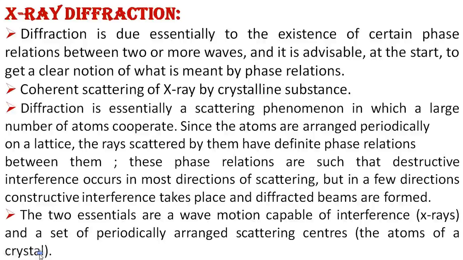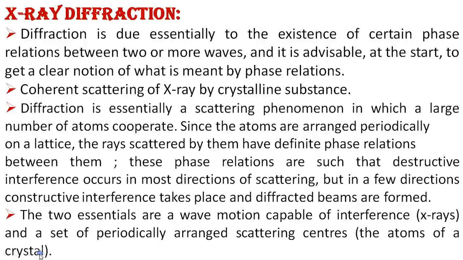Coherent scattering of X-ray by crystalline substance: diffraction is essentially a scattering phenomenon in which a large number of atoms cooperate. Since the atoms are arranged periodically on a lattice, the rays scattered by them have definite phase relation between them.